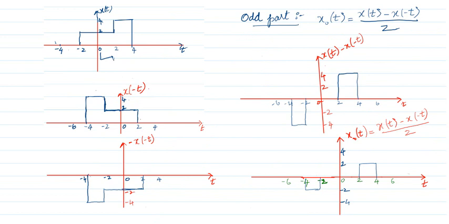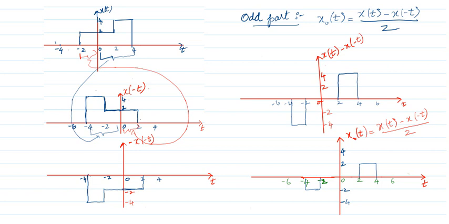Your positive time will come to the negative time. Negative time will come to the positive time. Okay, so this is your x of minus t. Now what happens? For an odd signal I have x of t minus x of minus t. So I am going to solve for minus x of minus t.